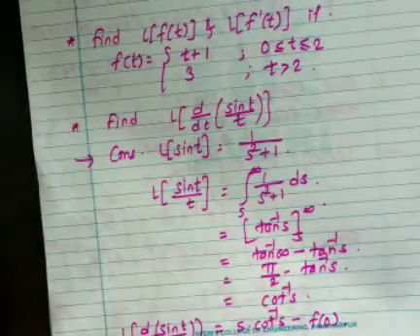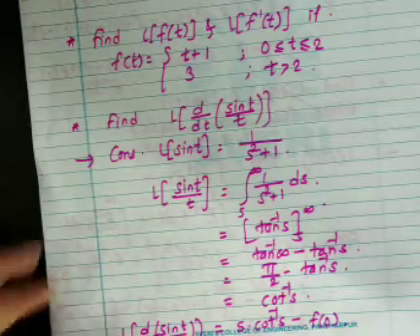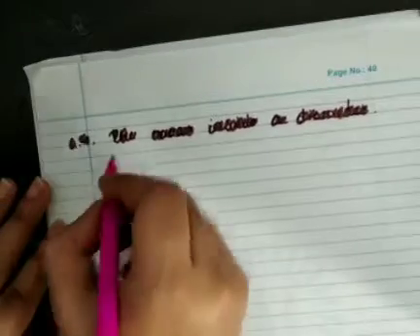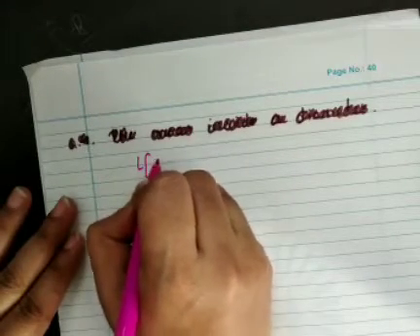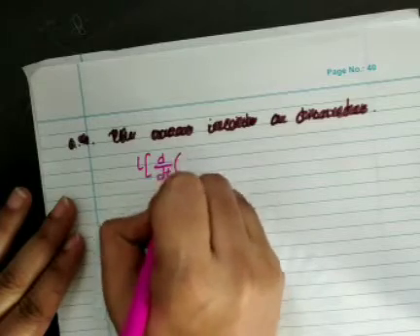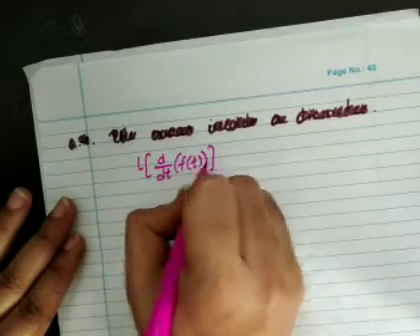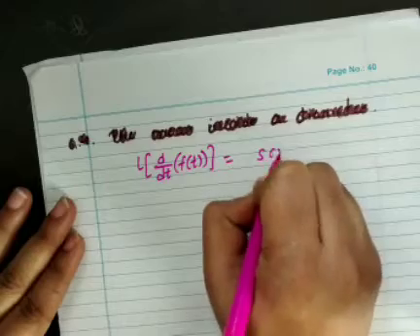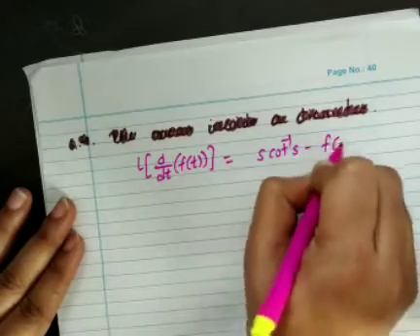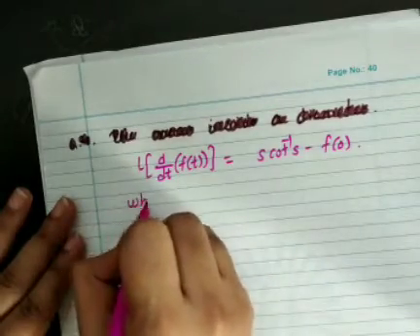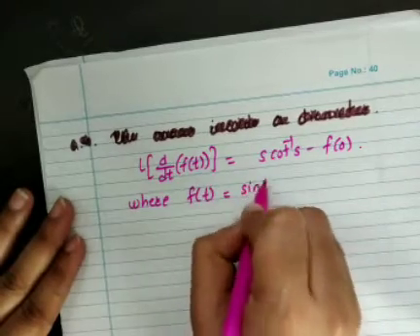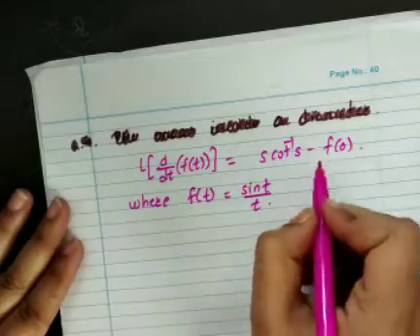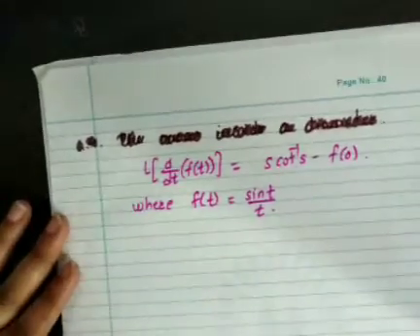This is of the form Laplace of f'(t), which is defined as s times F(s) minus f(0), where F(s), the Laplace of sin t upon t, is cot inverse s. So it is s cot inverse s minus f(0), where f(t) is sin t upon t, and we need f(0).